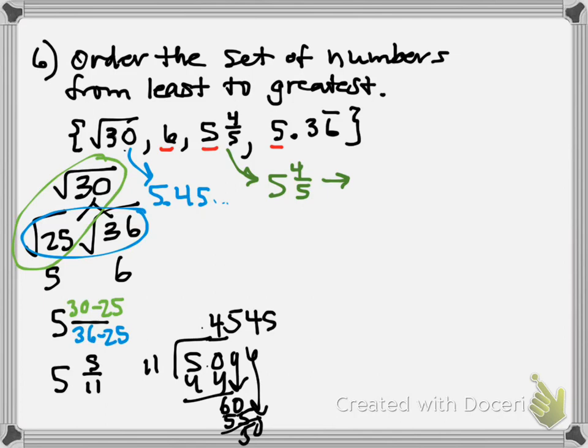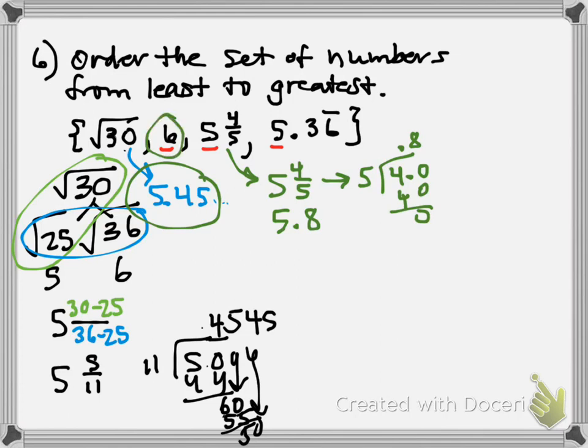Yeah, just use division. What's 4 divided by 5? And for us, lucky, it works out evenly. So we get 5.8. So now I'm going to compare this number to this number to this number, and then we've got this guy, which he's okay the way he is because of what's in the tenths column.